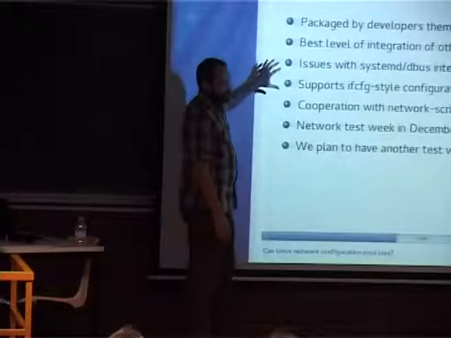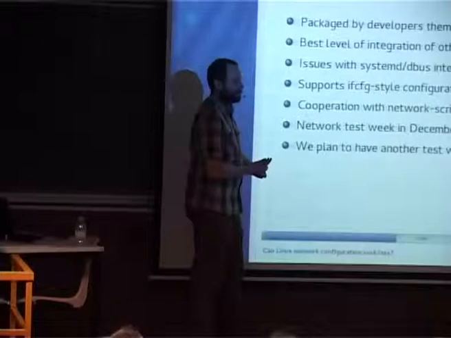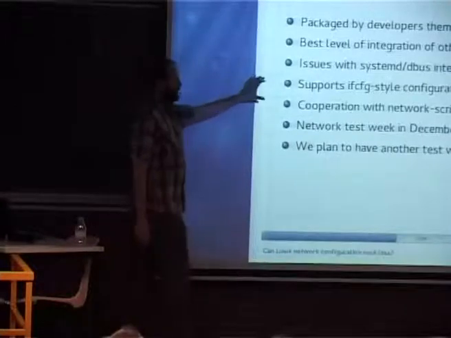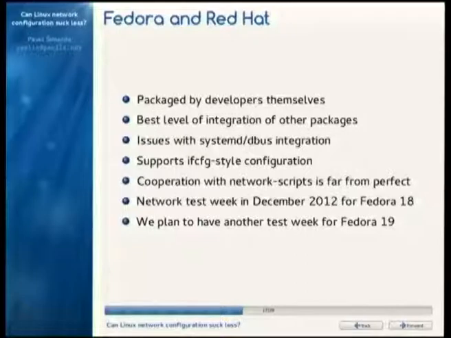We are using the classic Red Hat format, sometimes called ifconfig, sometimes ifcfg, and we are trying to always cope with it, so that we work as close as possible to the original network scripts, which doesn't mean it works perfectly, but it's quite a good level of integration.